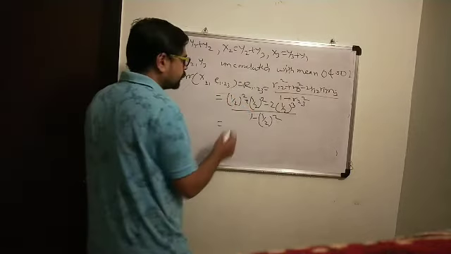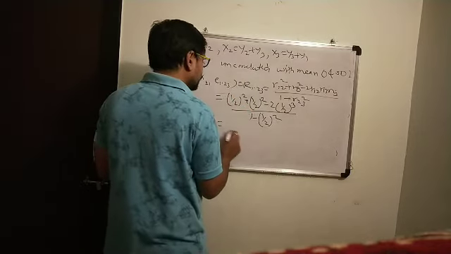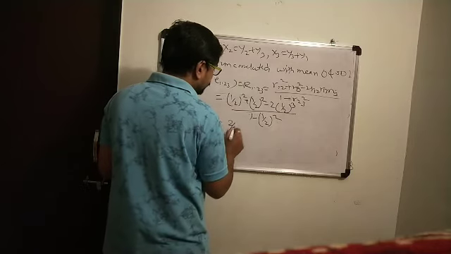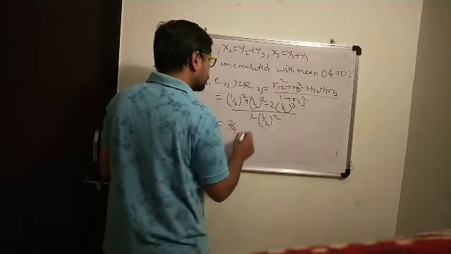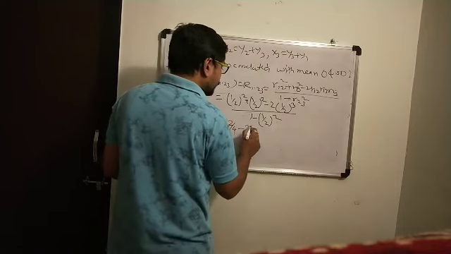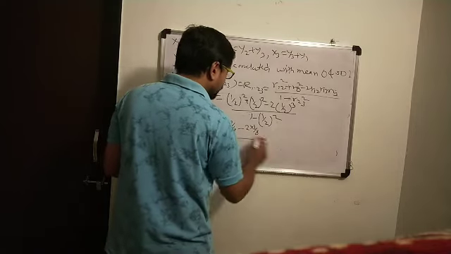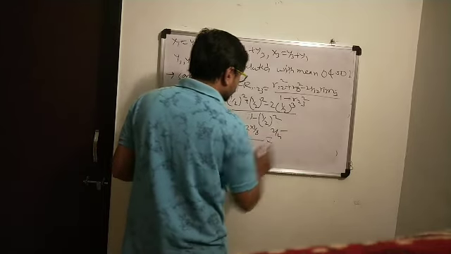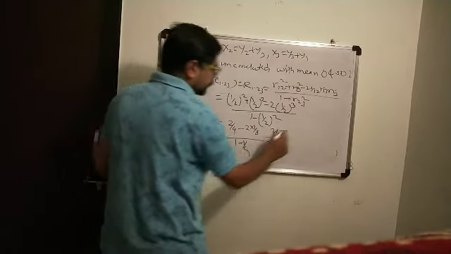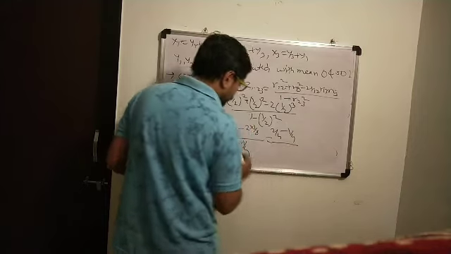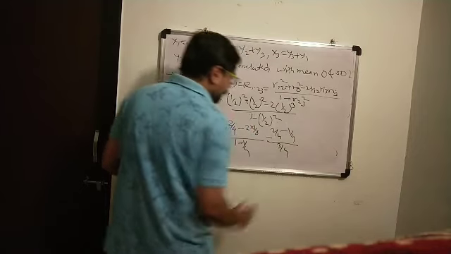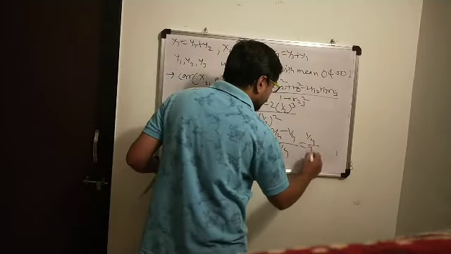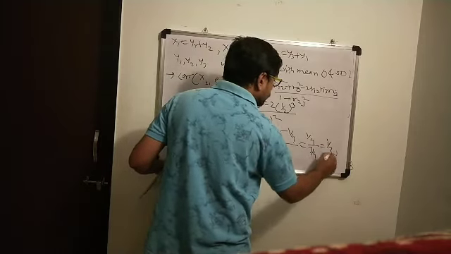So this is 1 by 4 plus 1 by 4, that is 2 by 4, minus 2 into 1 by 8, divided by 1 minus 1 by 4. So 2 by 4 minus 1 by 4 divided by 3 by 4, which is nothing but 1 by 4 divided by 3 by 4, and it is 1 by 3.